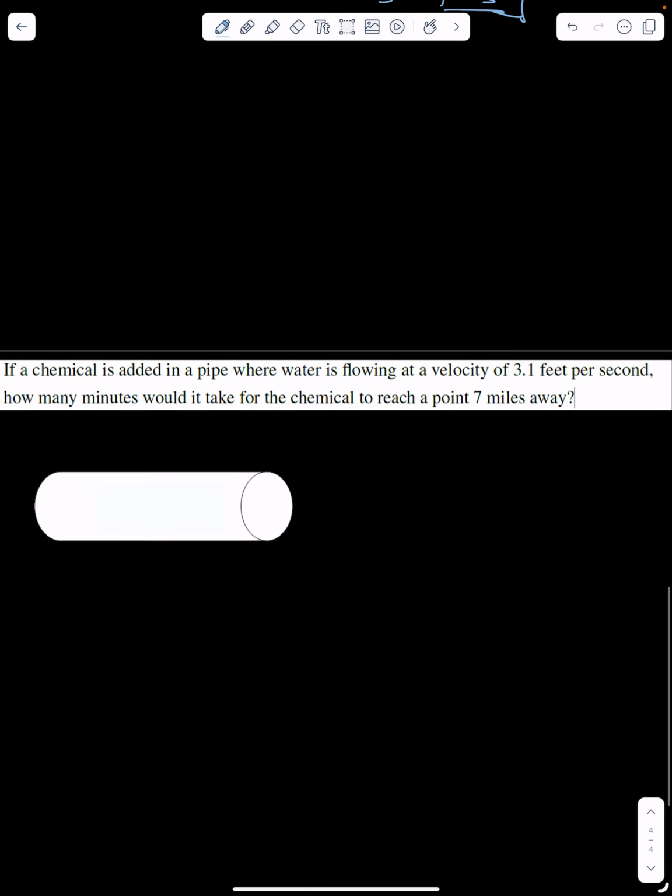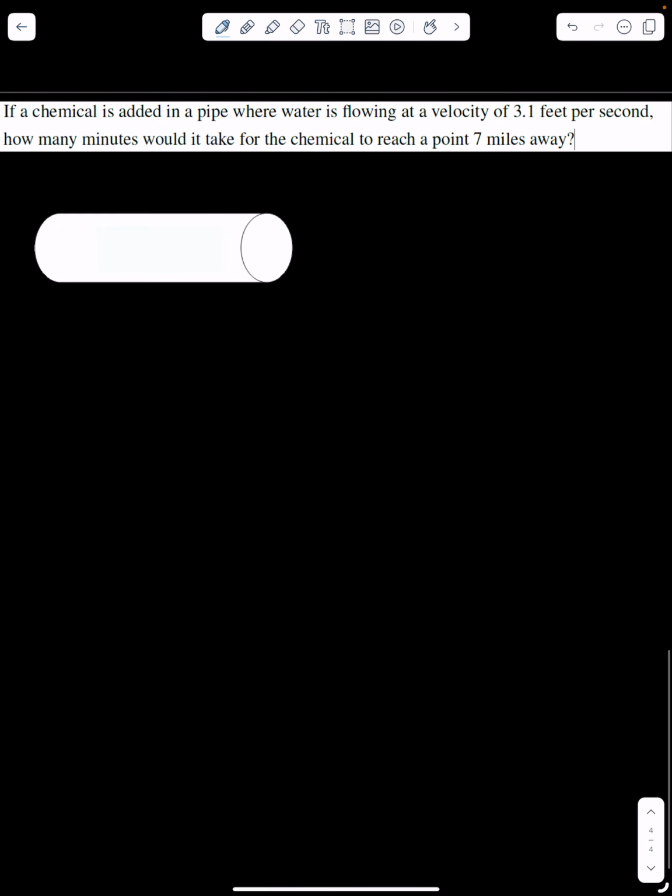The third problem states: if a chemical is added in a pipe where water is flowing at a velocity of 3.1 feet per second, how many minutes would it take for the chemical to reach a point 7 miles away? So basically, they are giving a velocity of 3.1 feet per second.